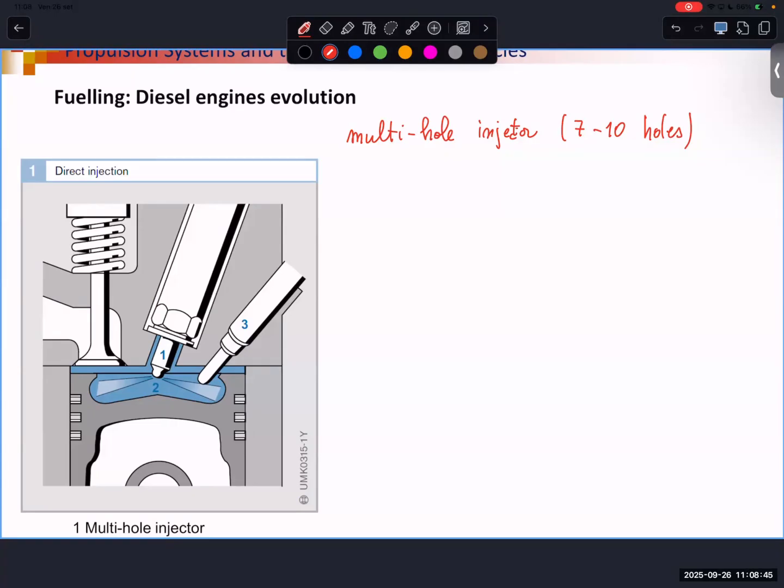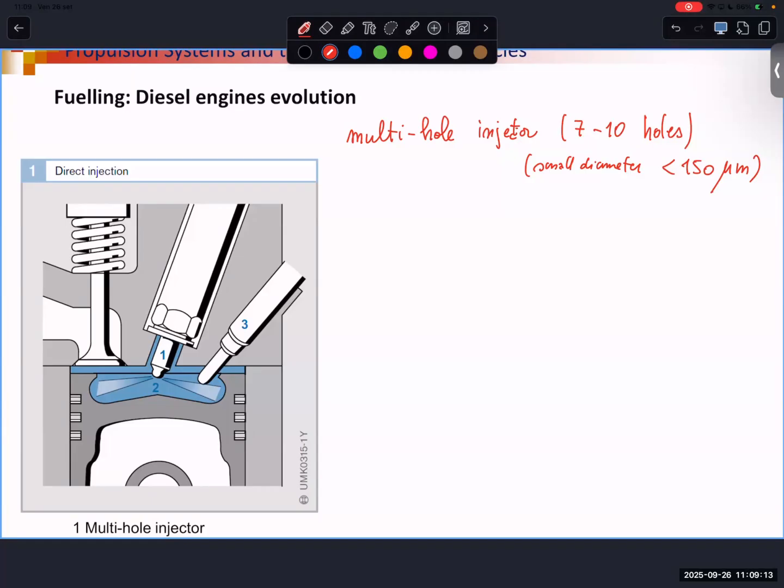Really small diameter, maybe about 1/10 of millimeter. So really small. So here we can have other problems. So for instance, clogging of the hole. So if there are impurities in the fuel, you can block it.